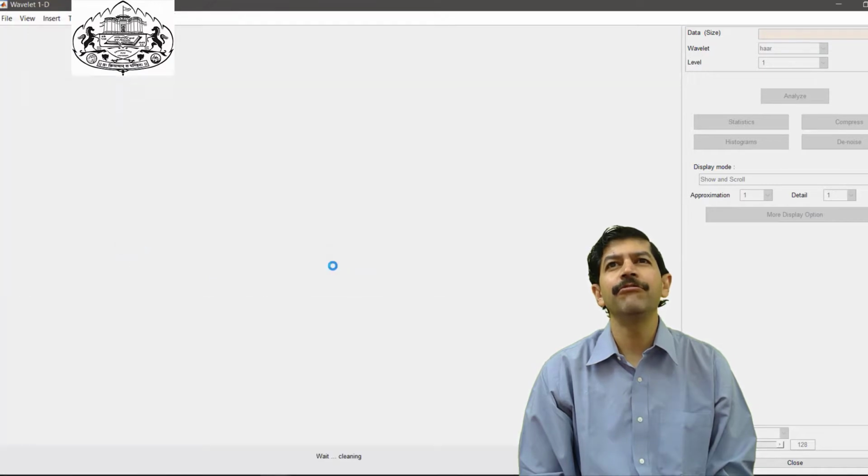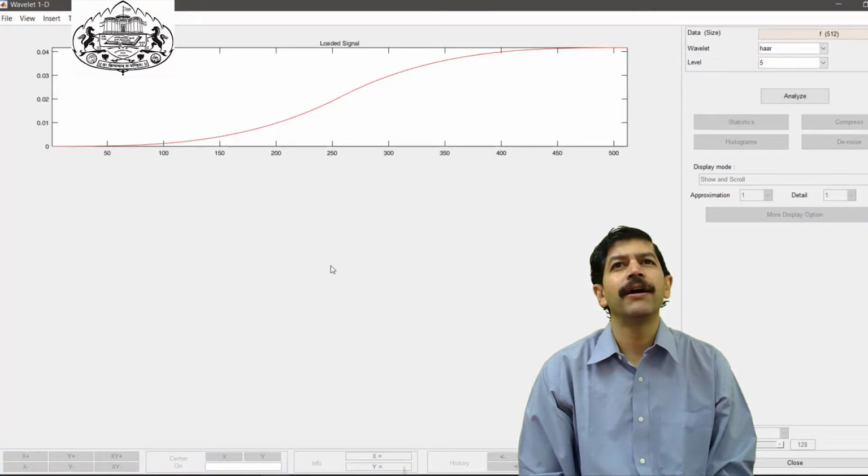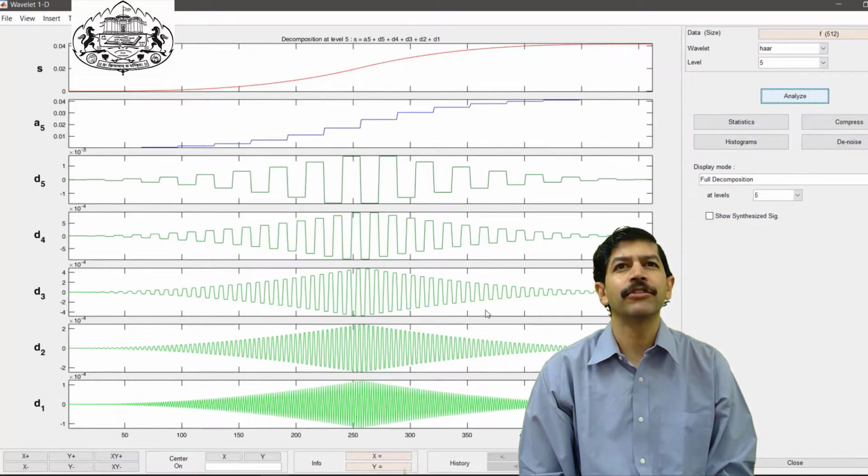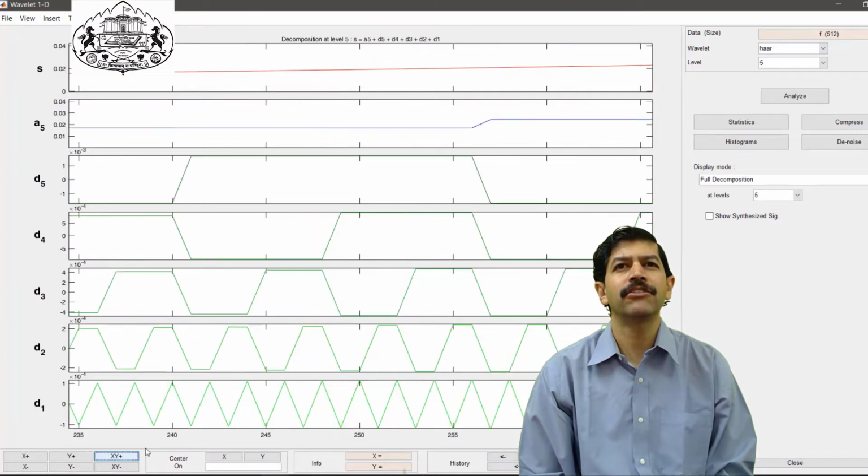And now if we use Haar as the kernel for doing the analysis, then all the details and the approximation are shown over here. Even if you look at D1, and if I just zoom on the midway part, then you will realize the pattern is not disrupted.